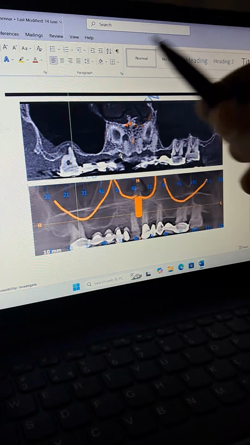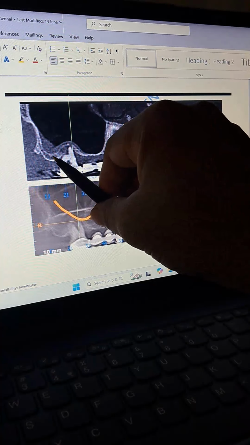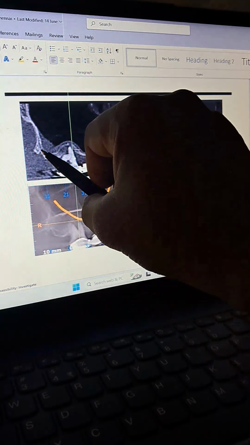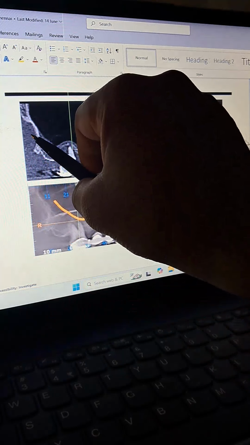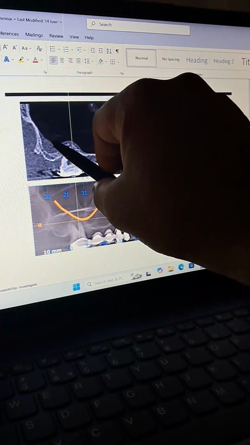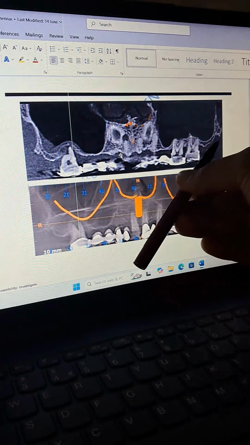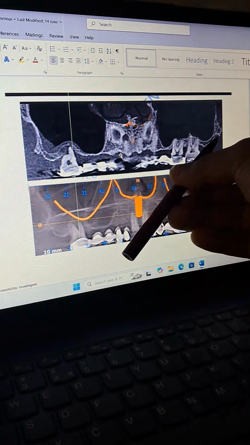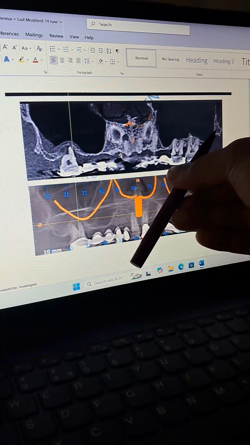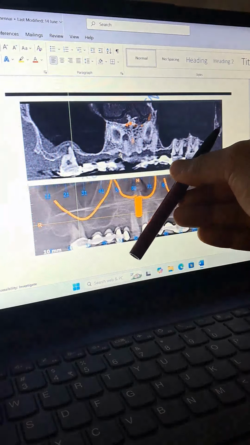If I keep my drill just distal to that, with the straight line tilted 45 degrees, I am in the right zone. Then I come 5 millimeters ahead, and again I'll be in the right zone. But here, the same thing has to be compensated in terms of angulation change. I cannot maintain the same angulation I used here. I have to be more vertical.